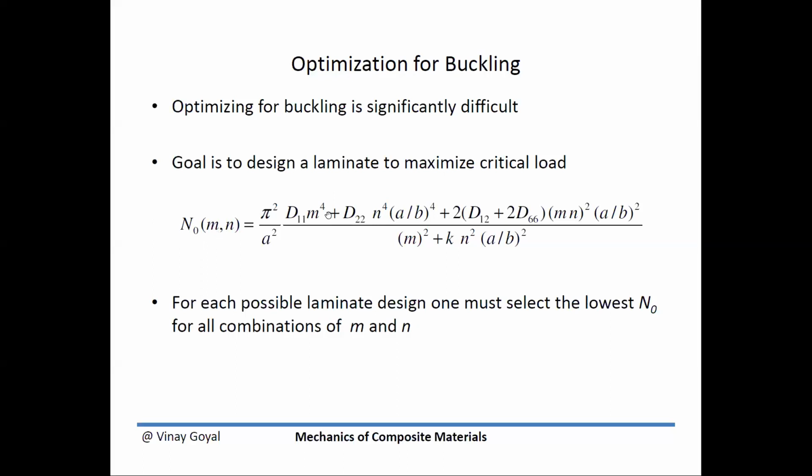And you have to basically vary M and N, but also you have to come up with the stacking sequence. That can be done using the methodologies that we have discussed today, but we will not be able to do it today. My point is that it is possible to basically optimize the buckling load by tailoring composites.